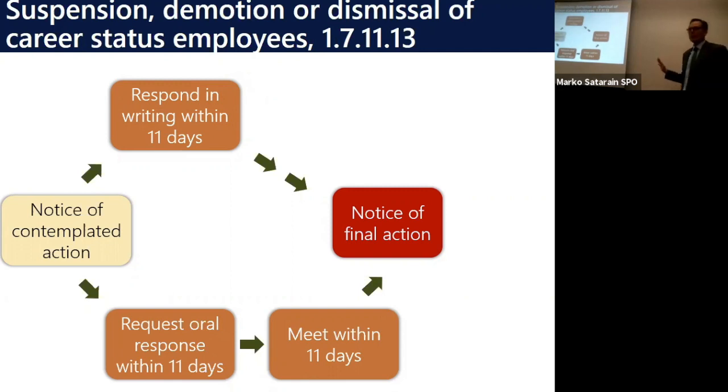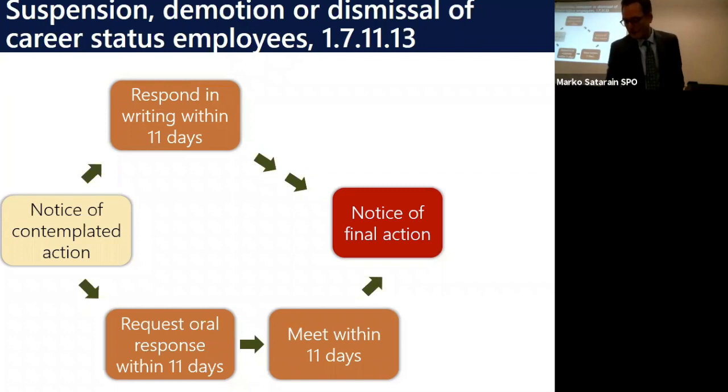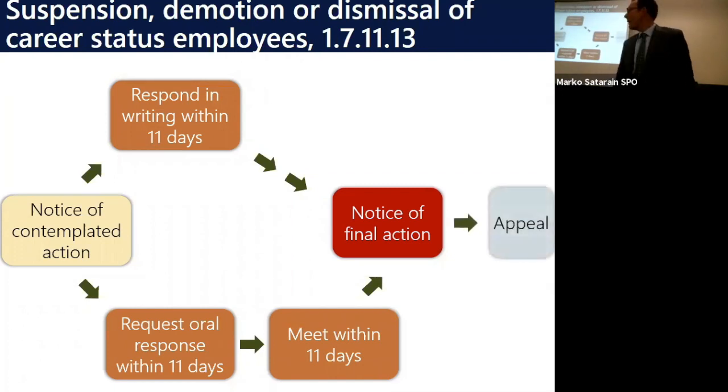So really what happens if you get to this point, you've got new allegations, you're probably going to start over with a new notice of contemplated action. So you don't want to be in that stage. You also want to make sure you're following the timelines, because if you miss those, you're starting over. It's not good.